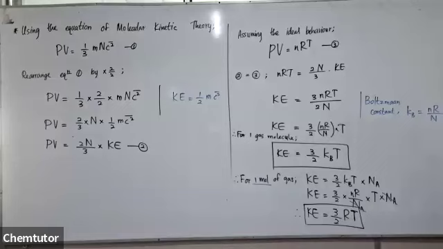In that question, what is the value inside the root? Which question? Define the mean square speed. I can't remember. Wait.